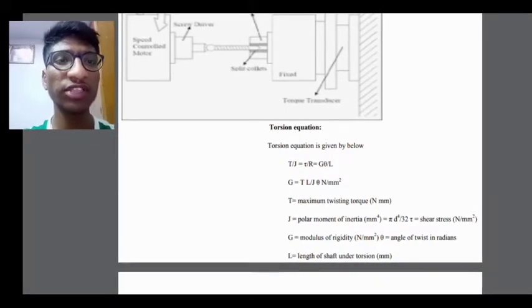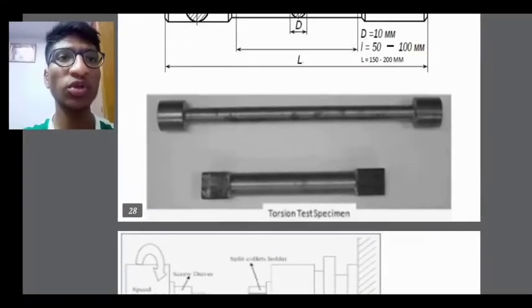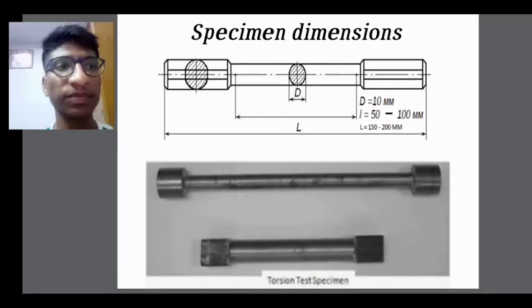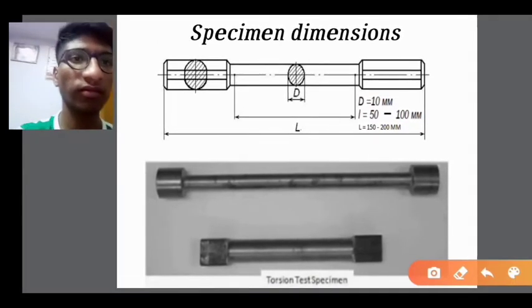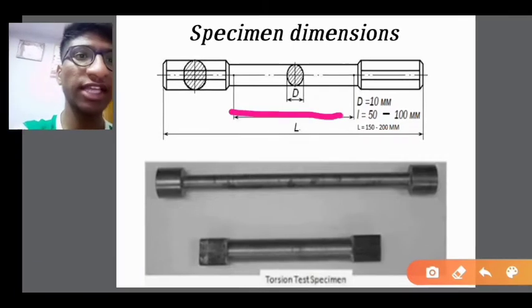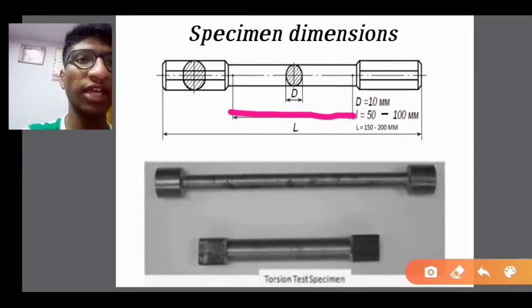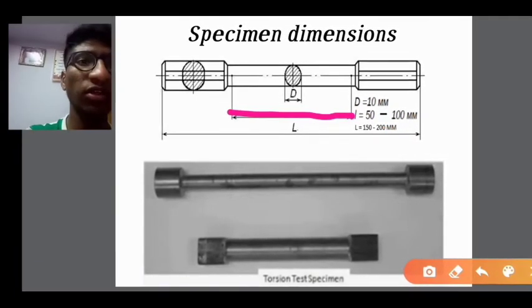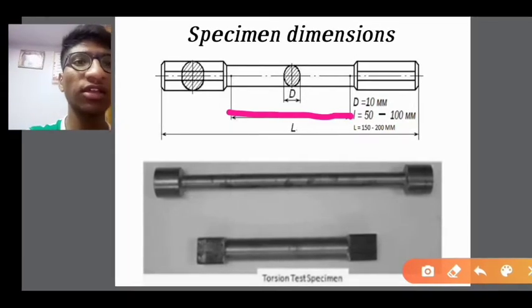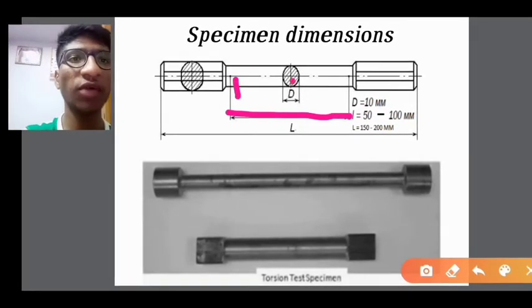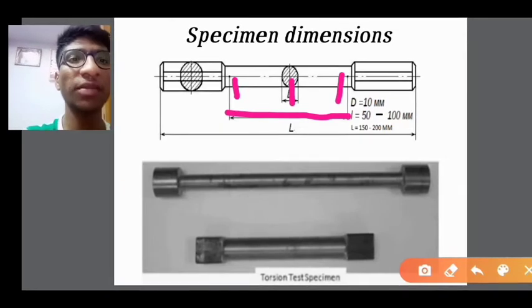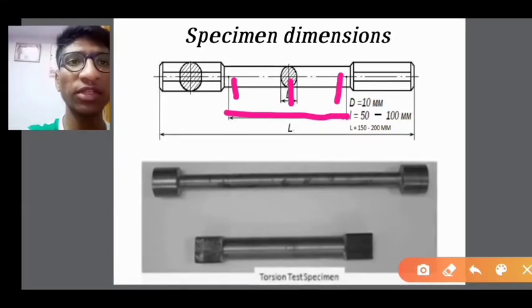From this diagram, friends, I will show you how to take the gauge length. This is the gauge length. We have to take this length as the gauge length, and at these three sections we have to take the diameter with the help of vernier calipers.